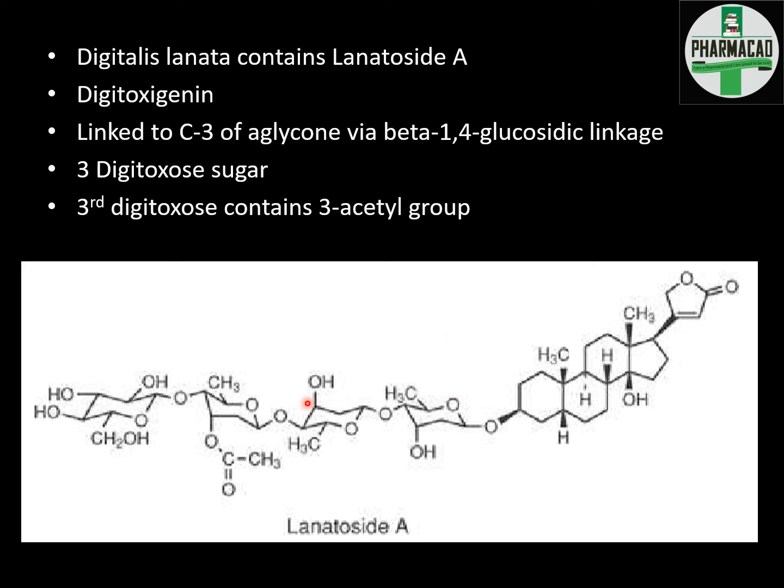Apart from these 3 digitoxoses, there is one glucose sugar also attached. The fourth sugar is glucose. So this is the lanatoside A structure: digitoxigenin aglycone part, 3 digitoxose sugars, the third digitoxose contains an acetyl group and the fourth one is glucose.